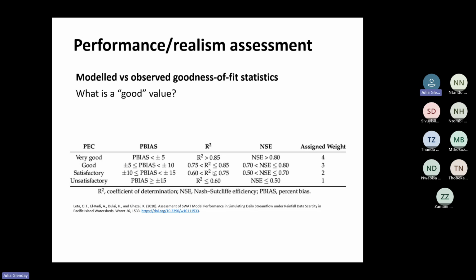R squared is how well is there a linear fit? To say what that means on the ground for an individual value is a bit trickier to interpret, but generally you want a tighter fit, and the same with Nash-Sutcliffe efficiency.